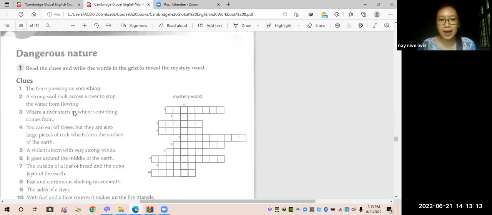As usual, you have the clues here, so you have to find out the answer by reading the clues. If all the answers are correct, there is a word that will appear in the mystery. If you don't get the correct answer, you won't get the word here. So answer it without looking at the course book. After that, we'll check together.